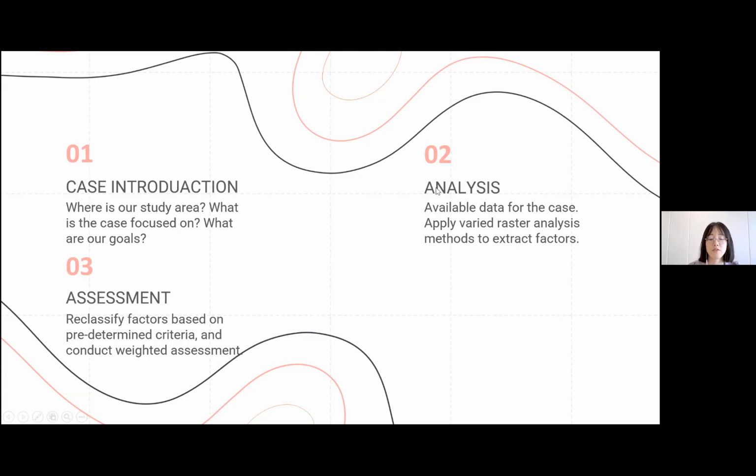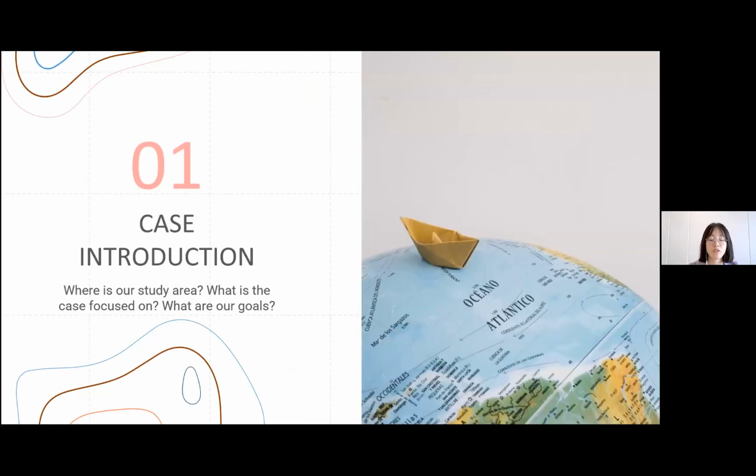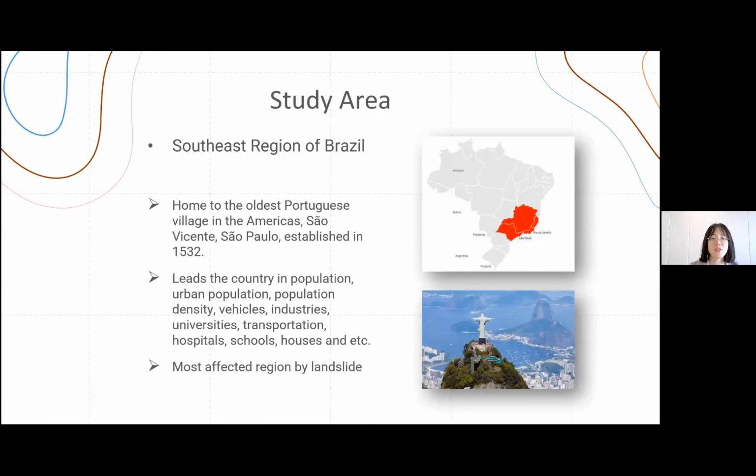Now let's first have a look at where we are going to focus this week. Our interest is moving to the continent of South America, more precisely, the southeast region of Brazil. Brazil is the largest country in South America, as all of you may know, and the majority of its population is concentrated in the southeast region, which is made up of 4 states.